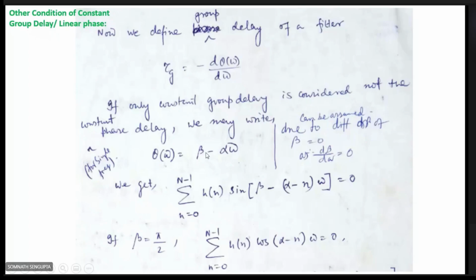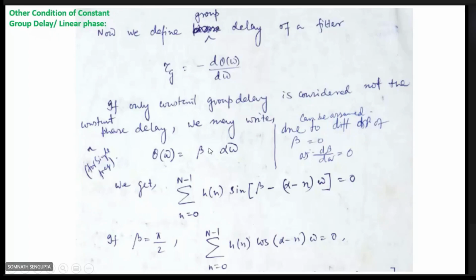It is beta. This is actually another phase, and this phase is constant for all frequencies. So at that time we would say that it is a constant phase delay system.